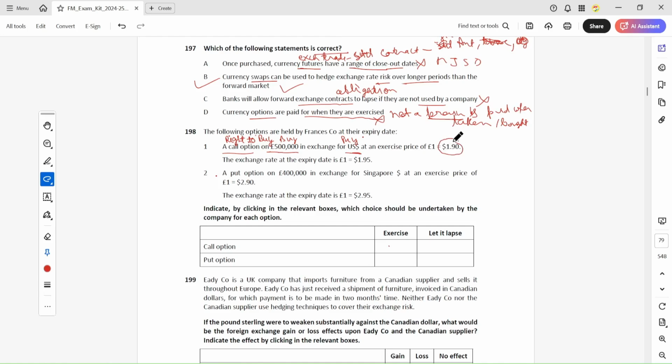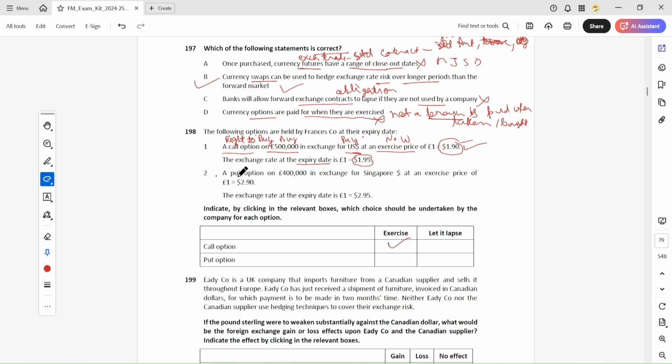You will pay USD 1.90 now at the exercise price, but at the expiry date you will pay 1.95, which means at the expiry date you have to pay higher, so you will exercise the option.